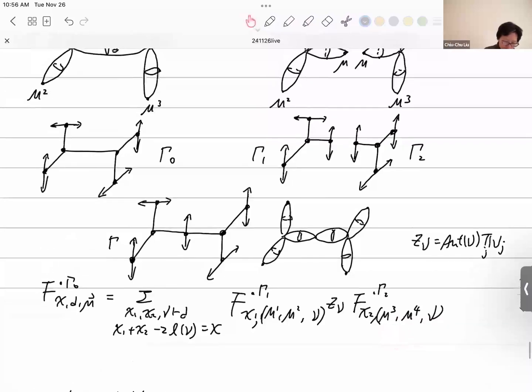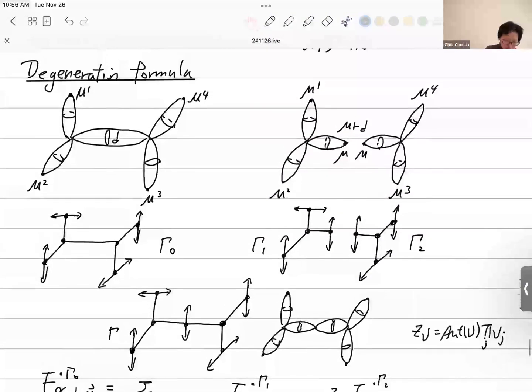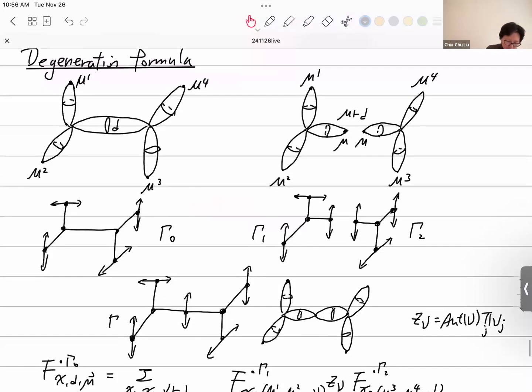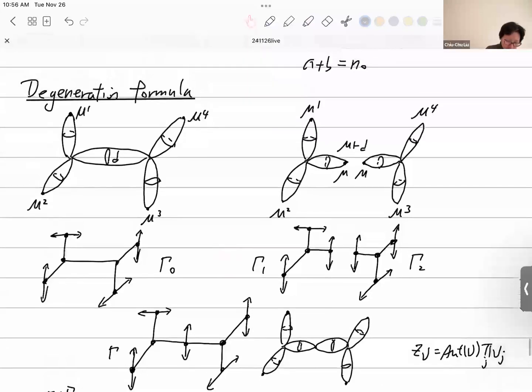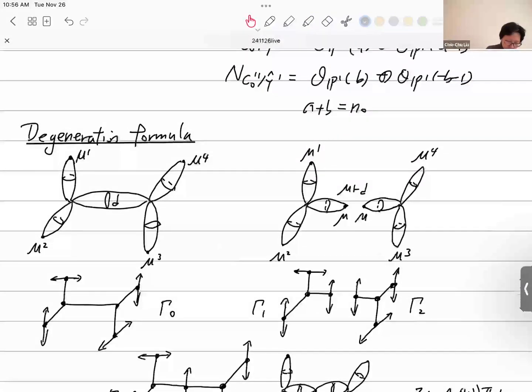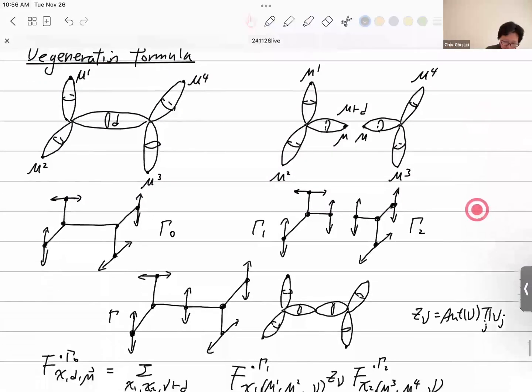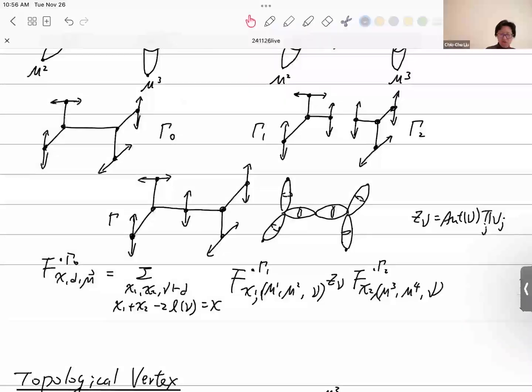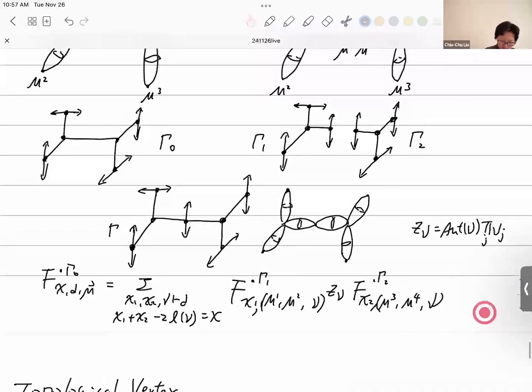We need to specify the degree D of P1, and also mu1, mu2, mu3, mu4 are four partitions. Then the degree of this new curve is determined by the size of the partitions. So that's the degeneration formula.